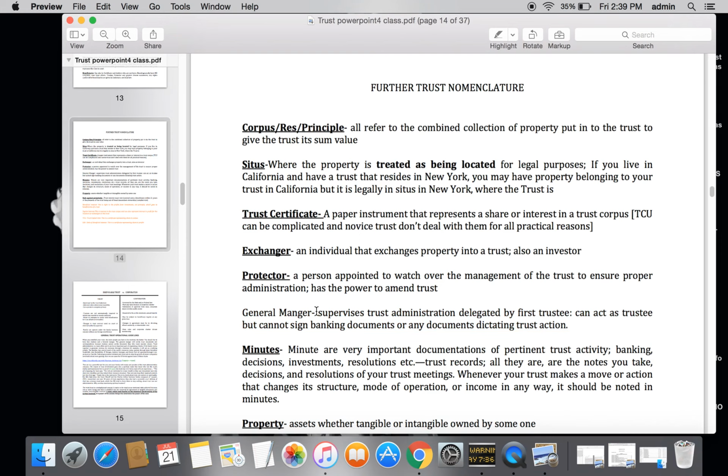Basically, the general manager should not touch any documents that connect the trust to the outside business world. That's a general rule. He can draft them, but he cannot sign them. The trustee's signature must be on all banking and all transactions with regard to the trust in the outside business world. So again, the general manager may draft the paperwork, acting almost like a secretary, but it is the trustee who signs the approvals or who signs the documents for presentations to any agencies outside the trust.